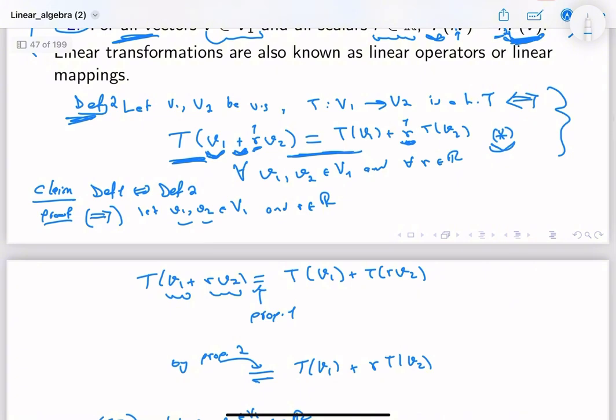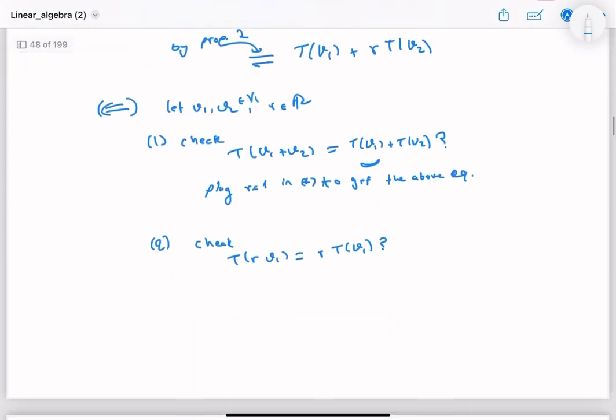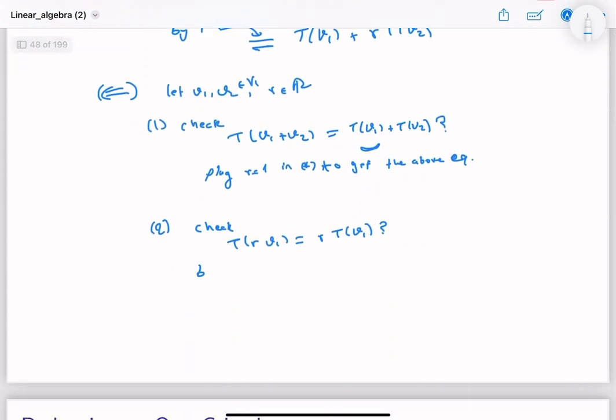If we take v1 to be 0, let's see what happens. So this is the equation that we have. Look at it, and I'm going to just copy it below and replace v1 by 0. Taking v1 equals 0, and just to follow the notation, we want to prove this.